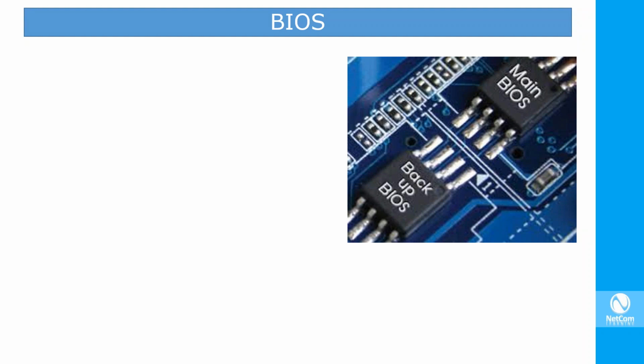So what can the BIOS have? A BIOS is a chip that is connected to the motherboard. That chip has software. We call the BIOS sometimes the system ROM chips, or the system read-only memory chips.